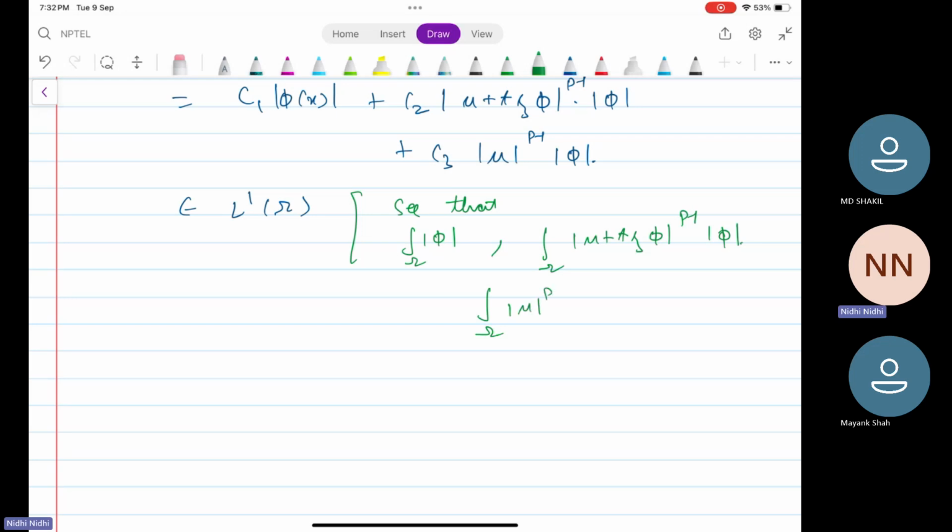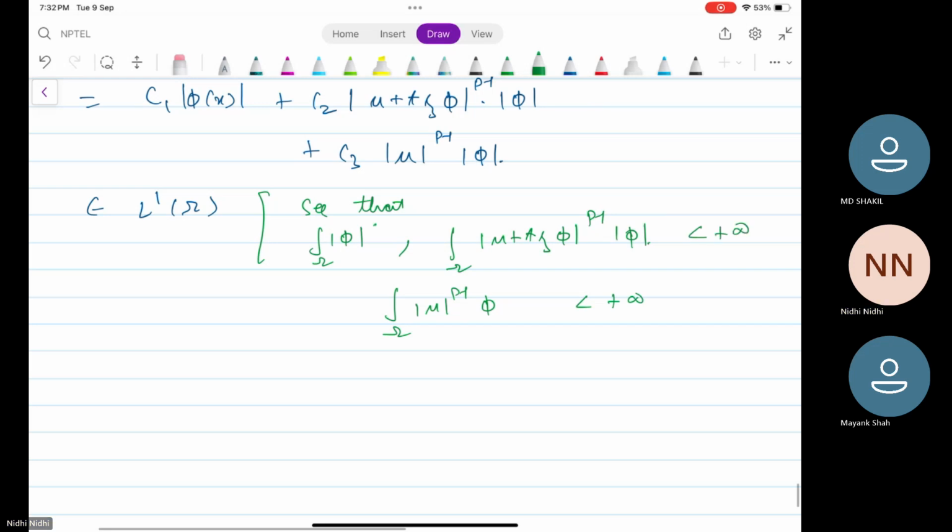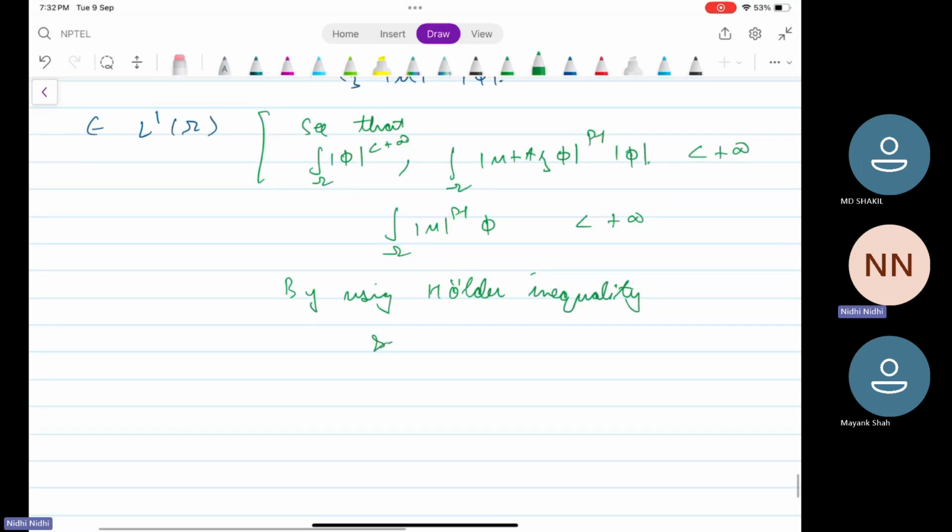Again, here also you can use Hölder's inequality to see that all these integrals are finite, using the fact that φ and u both are in Lp space.